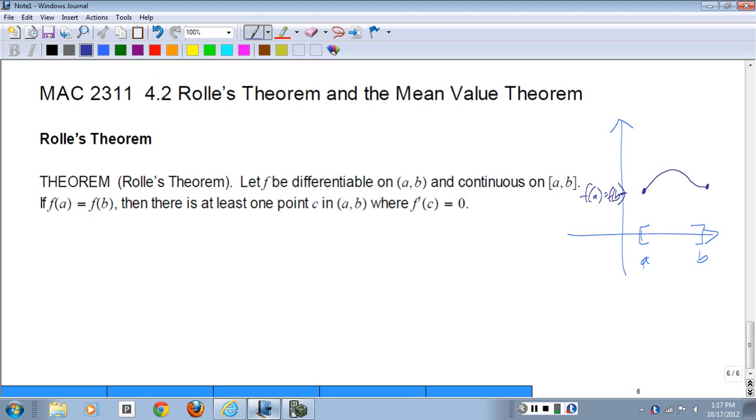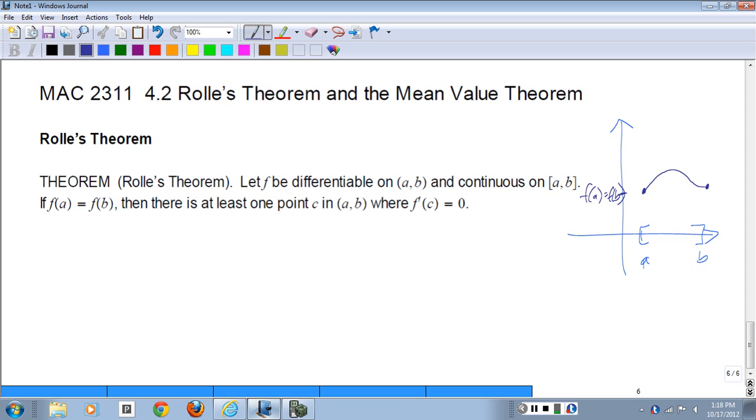For the mean value theorem, we're going to relax it. And f of a and f of b could be different values. And that's why it's more useful, because it can be applied to a lot more functions. But here we've got an interval, and it's continuous on the closed interval, differentiable on the open interval, and the endpoints agree. f of a is equal to f of b.